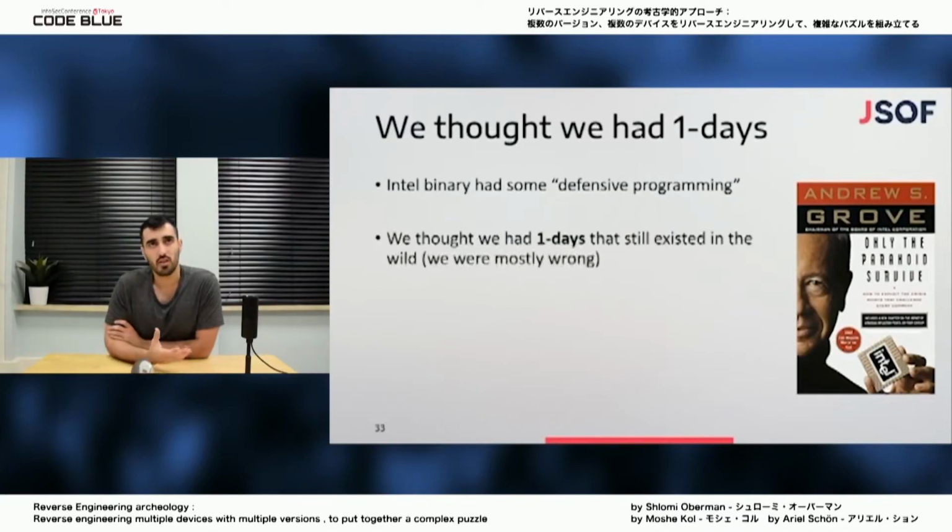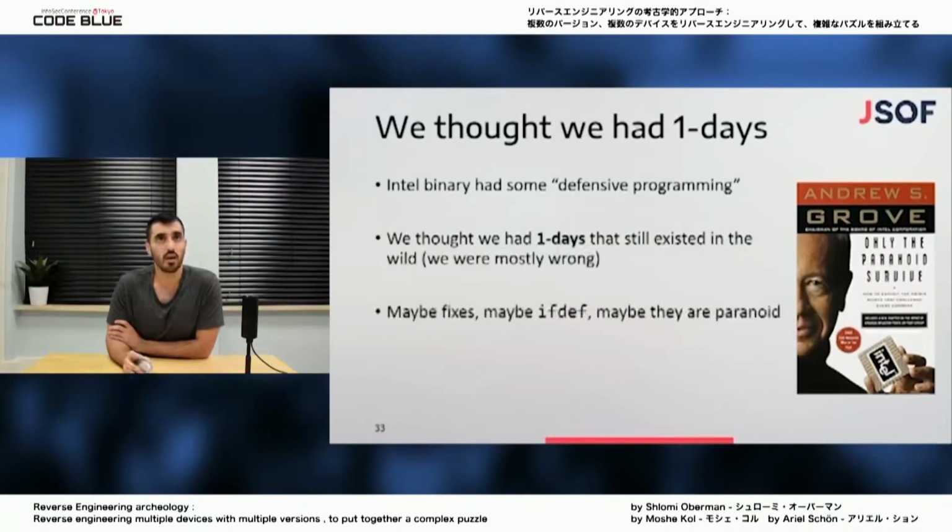And these checks render our previous exploit useless, as the vulnerability was fixed basically in these binaries. We thought we had a 1-day that still existed in the wild, and we were mostly wrong, as Treck told us. I'll talk about this later. So we thought that these may be fixes, maybe some compile time macro, or maybe Intel are just paranoid.